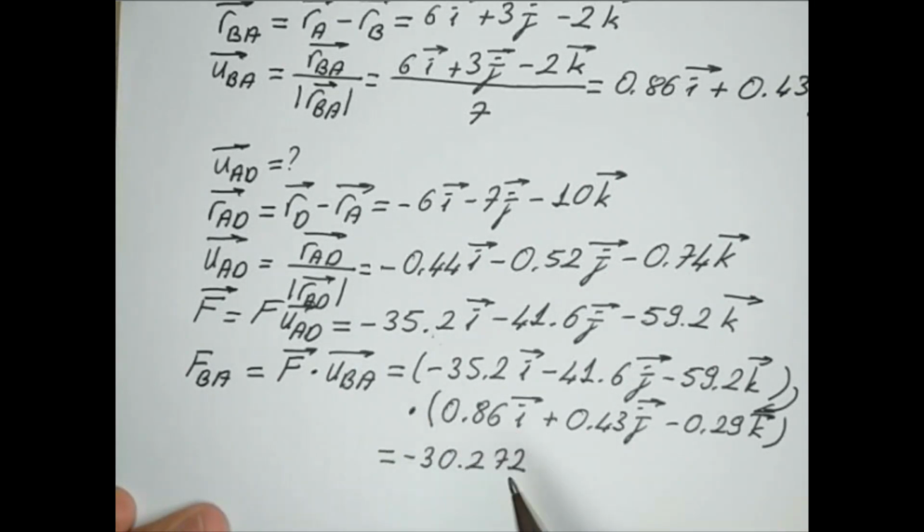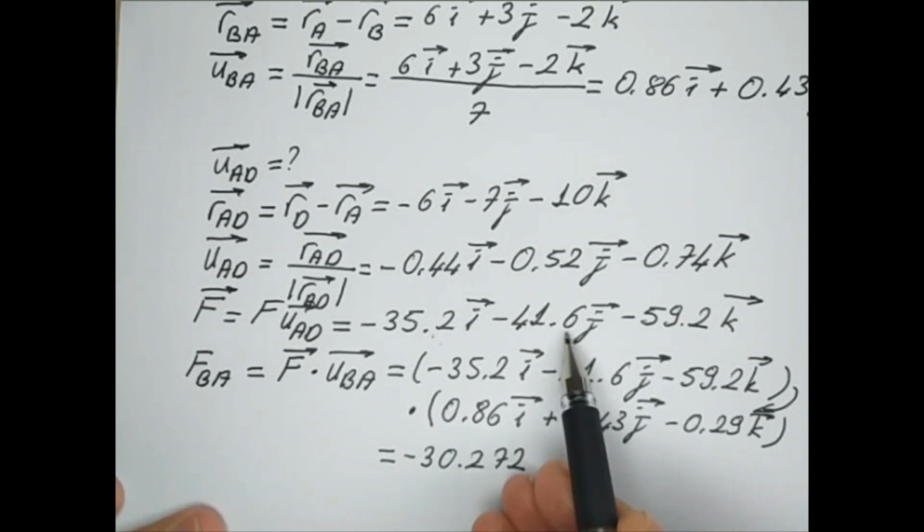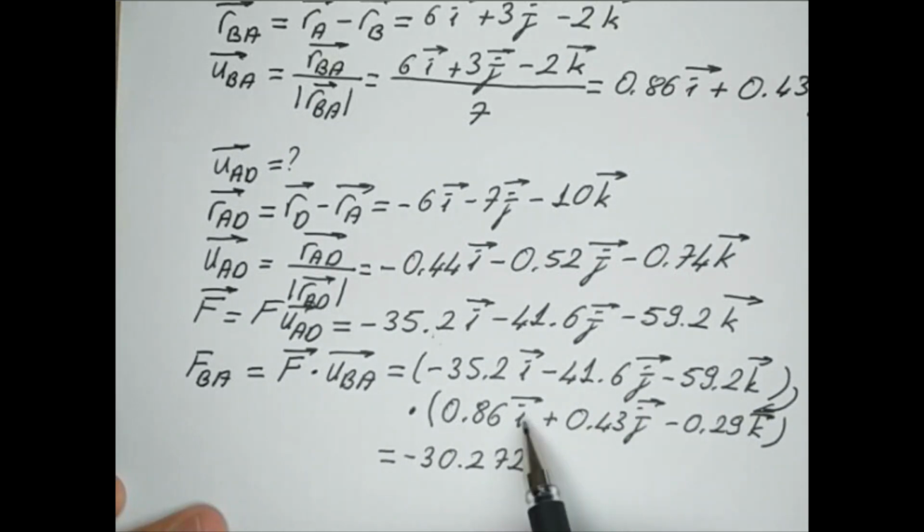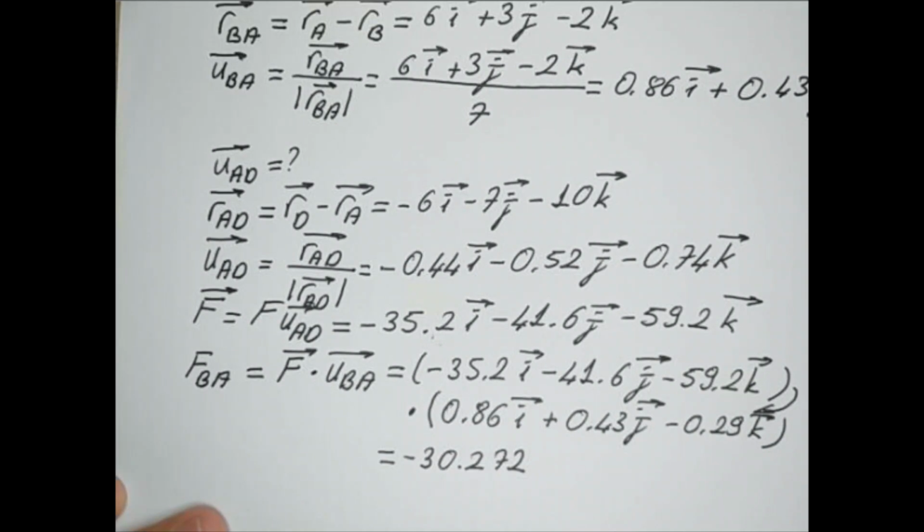Okay, now let's take the second term in the force vector, minus 41.6. j multiplied with i is 0. j multiplied with j is 1. And then I can multiply their coefficients. 41.6 multiplied by 0.43.